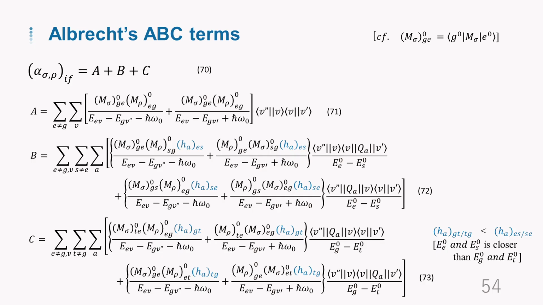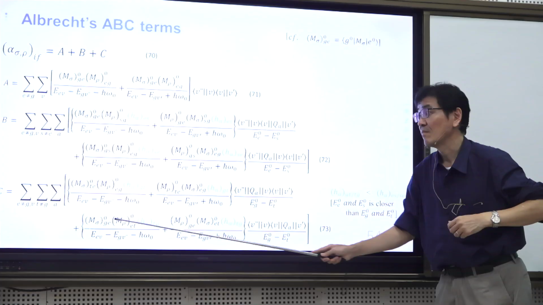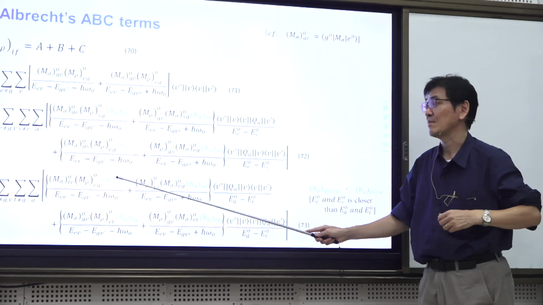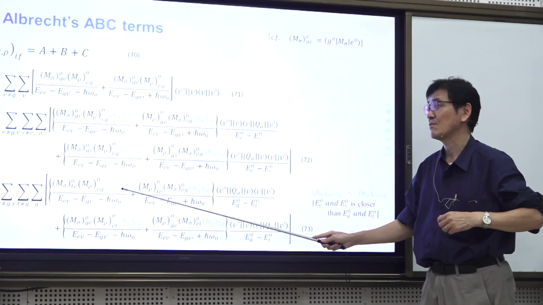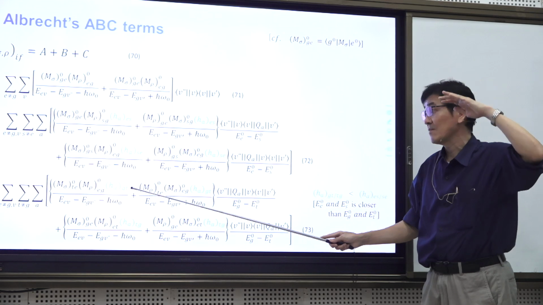So by introducing the Herzberg-Teller expansion, we can classify the Raman tensor into three groups A, B, C. A is the main part, B is the part containing the mixing term between the excited state and other electronic states. C is the term containing the mixing coefficient between the ground and excited states.